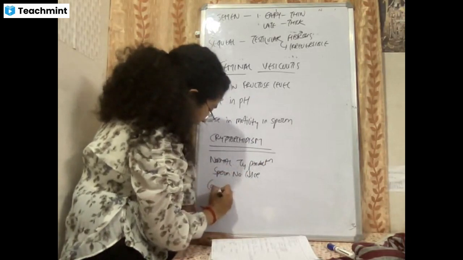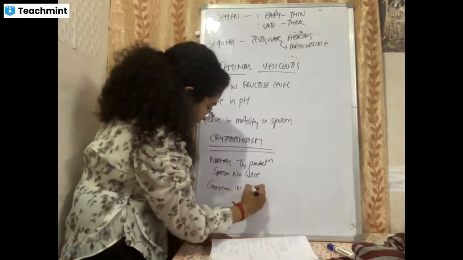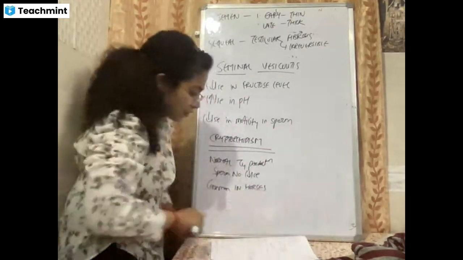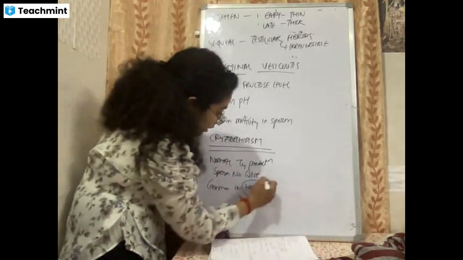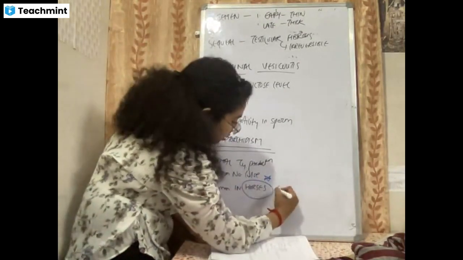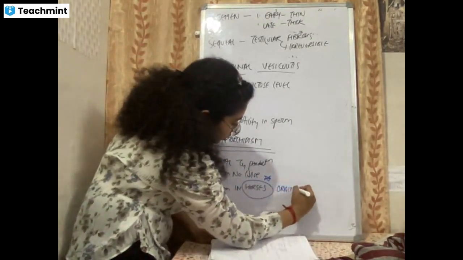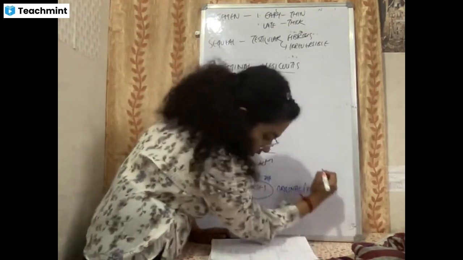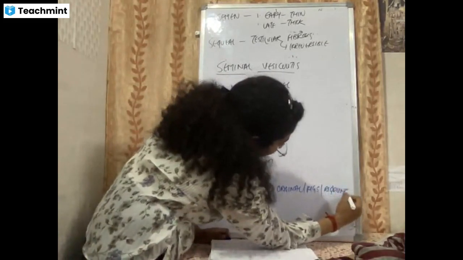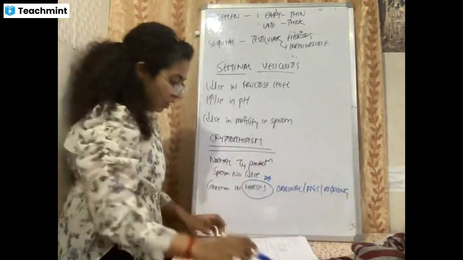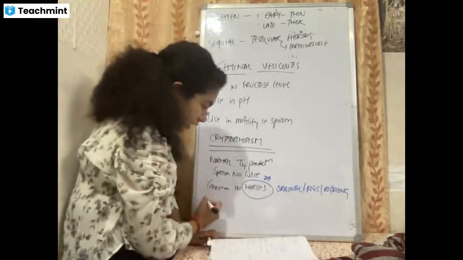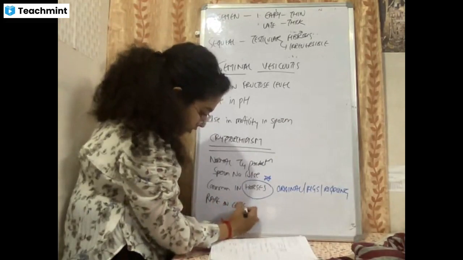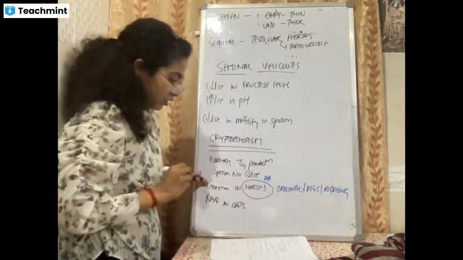This is very common in horses. Such a type of horse is known as a rig or riddling. This is rare in cats.